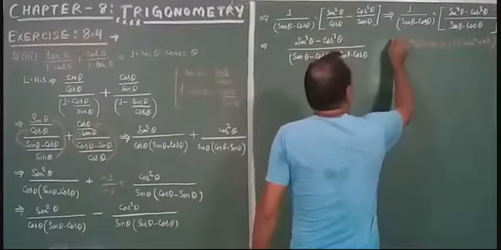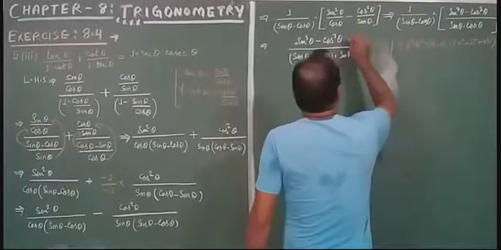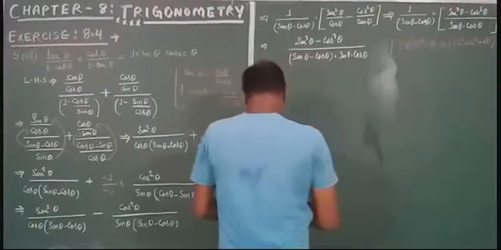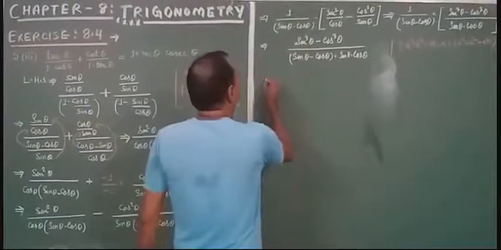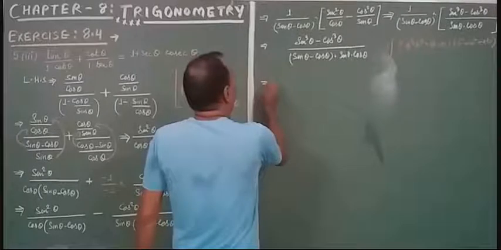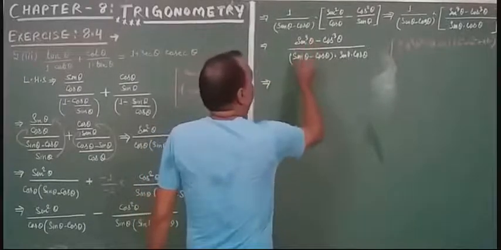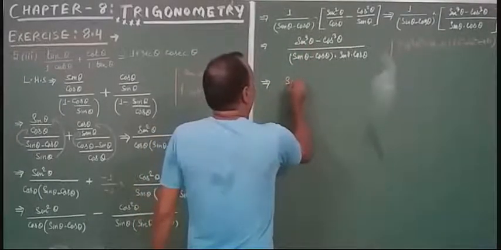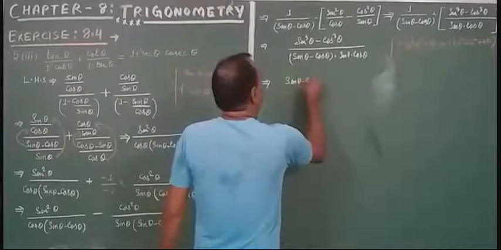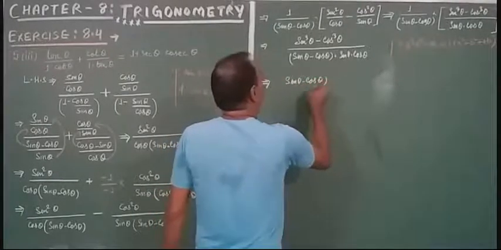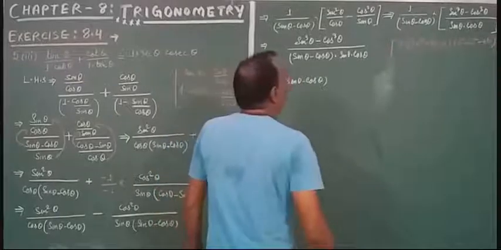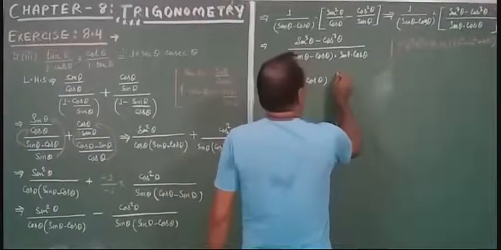I am using this formula in the numerator here. So just see what will happen. Look at the numerator. This will become sin theta minus cos theta, this is the first bracket. And in the second bracket, what will happen?